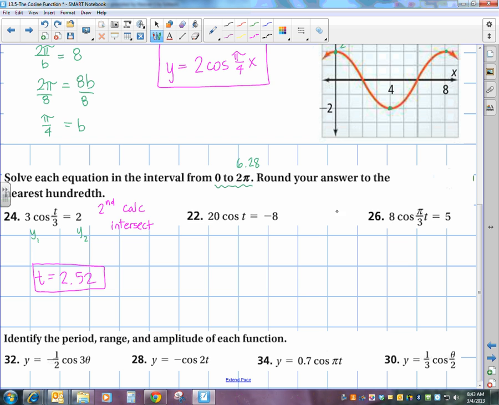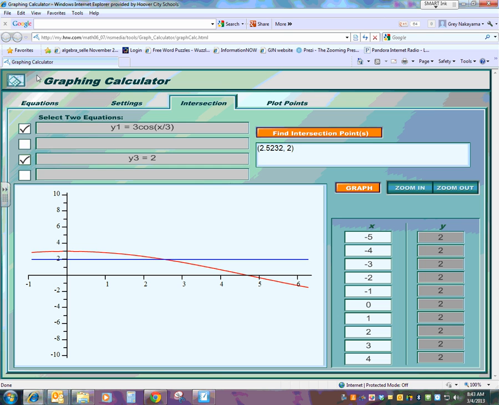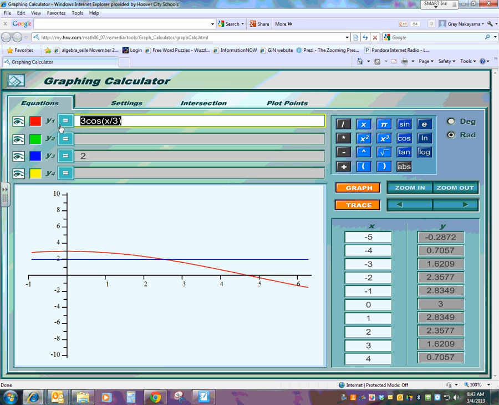All right. Doing the same thing with 20 cosine t. Let's go do that one. So my equation is going to be 20 cosine of x, and I think it was equal to negative 8. So let's hit graph.